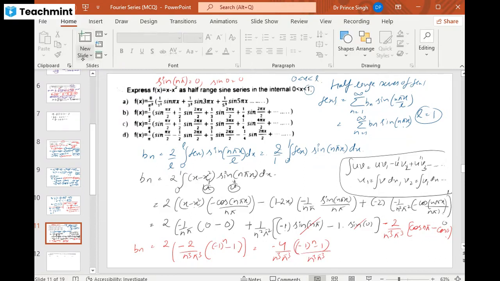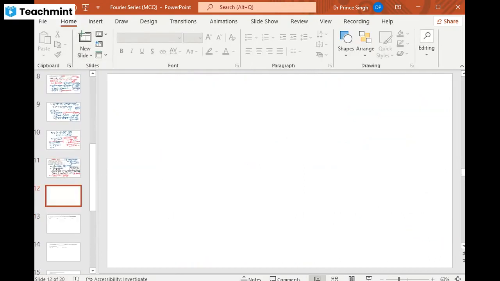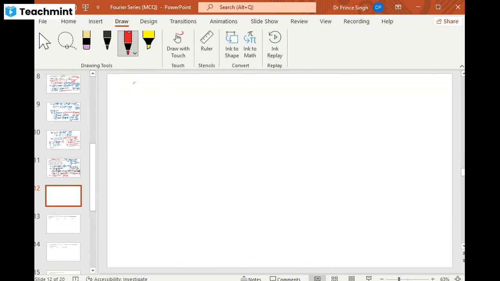So if we substitute this value in the Fourier series, what is the Fourier series here? The Fourier series is f of x, that is our function x minus x square, equal to summation n varies from 1 to infinity of Bn. Bn is minus 4 upon n cube pi cube times minus 1 raised to power n minus 1, times sine of n pi x.